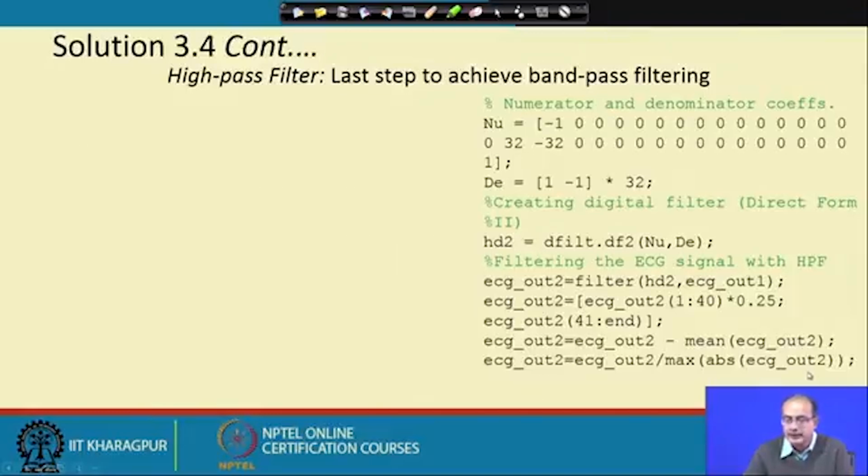Again we have another filter: after the low pass filter we have a high pass filter here, and the denominator and the numerator coefficients are given here. We have created the filter in direct form 2 structure, and we convolve it with the output of the low pass filter, and then we find that there is some transient at the beginning.